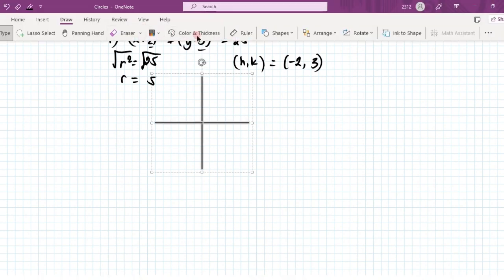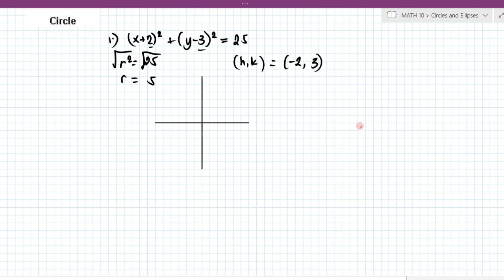Then let's first plot the center of our circle, which is the coordinate (-2, 3). Then using our radius, we will move to the right by 5 units, to the left by 5 units, up and down by 5 units.